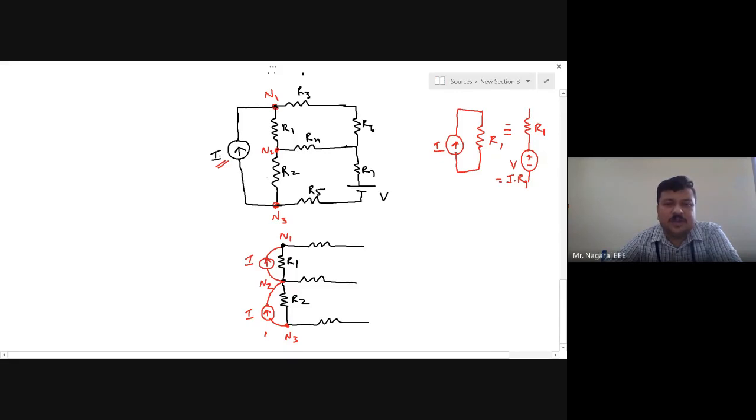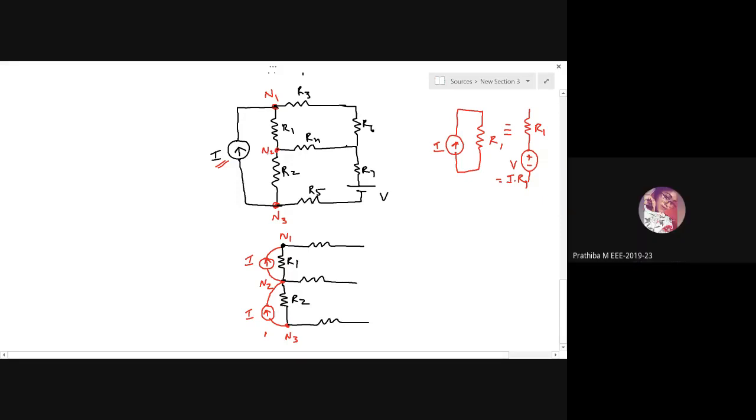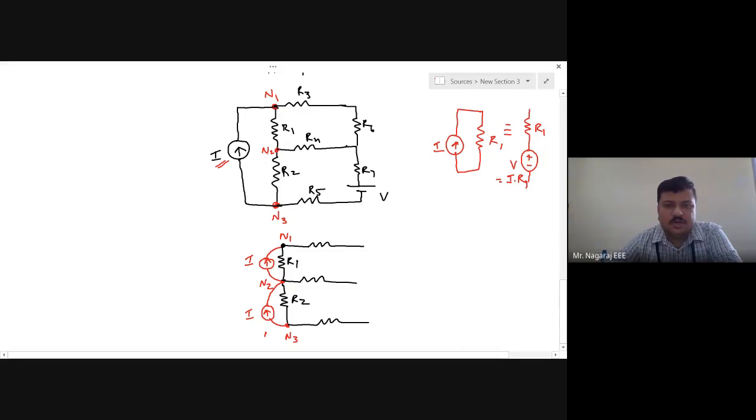So what is the effect of current I at node N2 originally? 0. No current, this current I is not in contact with the node N2. So at node N2, observe here, the current is entering node N2 and immediately it is leaving that. So the effect of current I at N2 even after shifting is still 0.